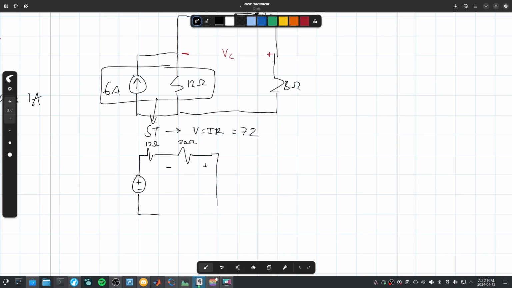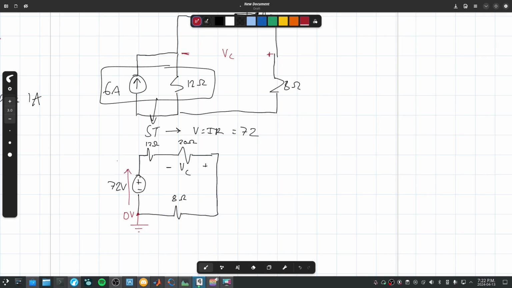And then we have another 8 ohms down here. And it's asking us what is the voltage drop, the voltage difference across this. And again, we do the same thing. We can just do nodal analysis, 72 volts. So we're going to define this point as our ground, 0 volts.